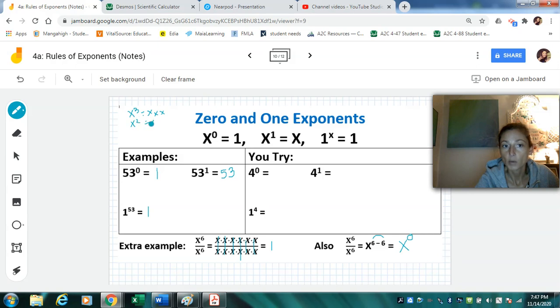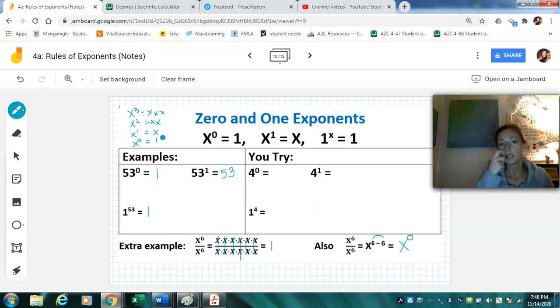So I'm taking away a single x. So x to the first power, I would take away a single x again. And then x to the 0 power, we would take away that last x, which just leaves us with 1. And so it kind of divides down, divided by x, divided by x, divided by x.